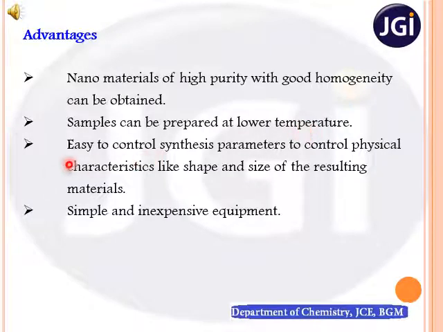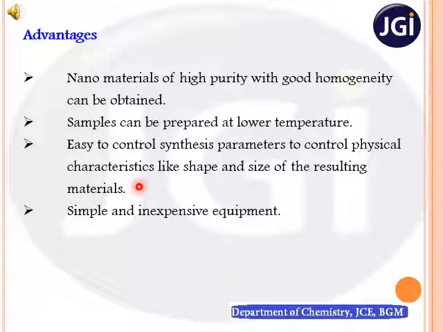The third advantage is that it is easy to control synthesis parameters to control physical characteristics like shape and size of the resulting material. Since we are not using any drastic condition for the synthesis of nanoparticles, we can control the physical characteristics such as shape and size of the nanomaterials.